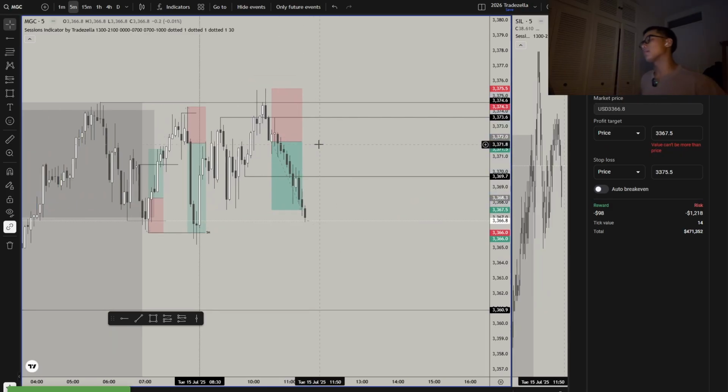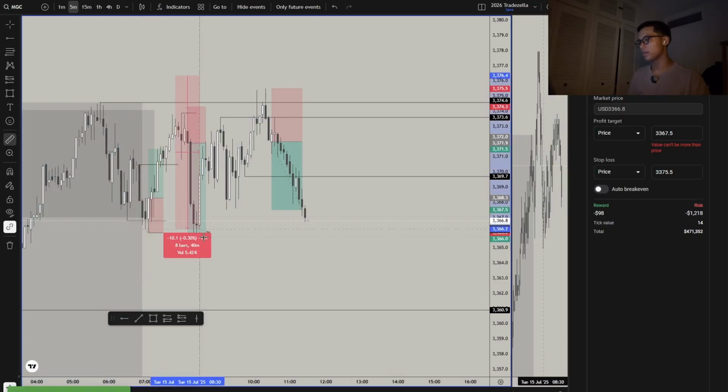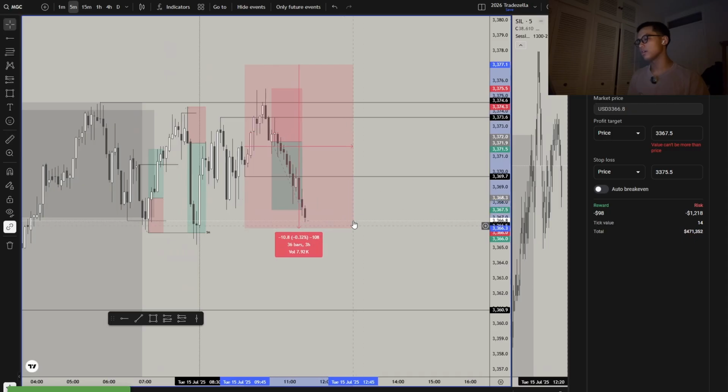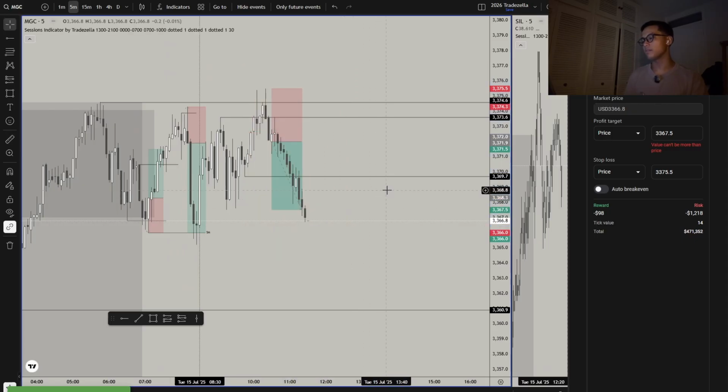Damn, I feel like I'm taking too many trades. I'm not gonna lie to you guys, and you guys probably can see that as well. But honestly, I think the first trade, second trade, and third trade have been valid. It's actually valid, but it's kind of too good to be true.